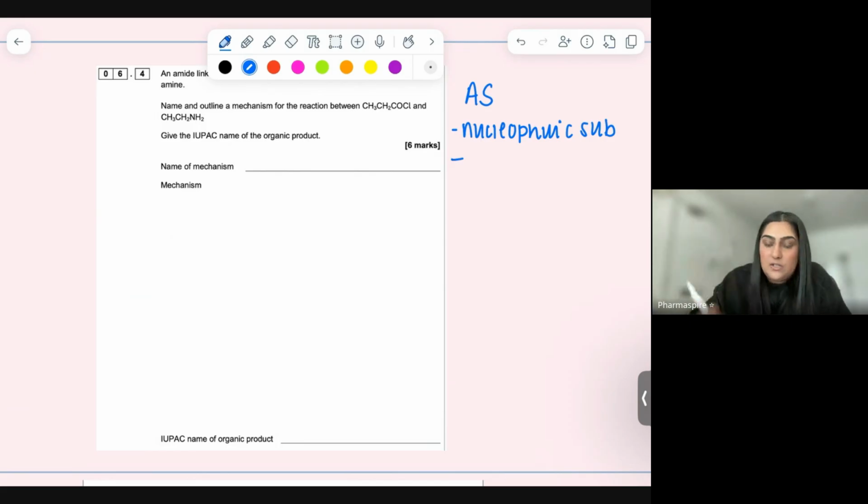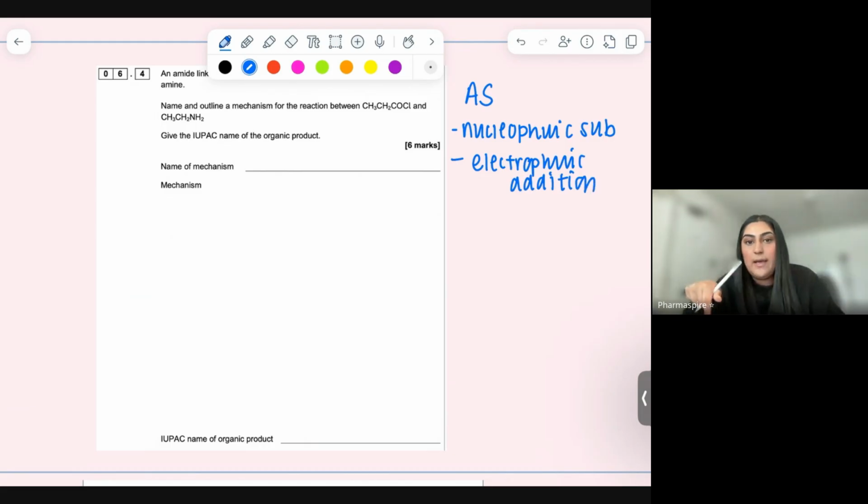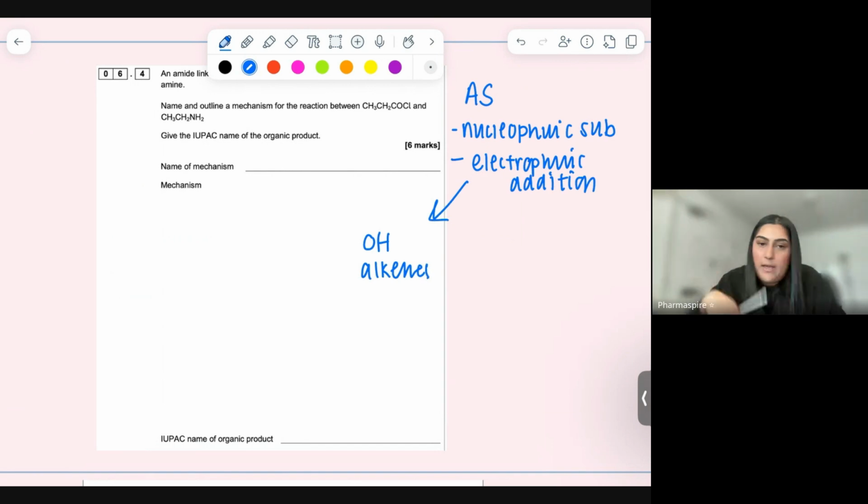Elimination, electrophilic addition, that's what I was looking for. So these are the 2 ones that you learn in AS, right? I always think these are the typical ones that we see with alcohols, alkenes, alkanes, whatever. Those are the ones that you need to associate with.